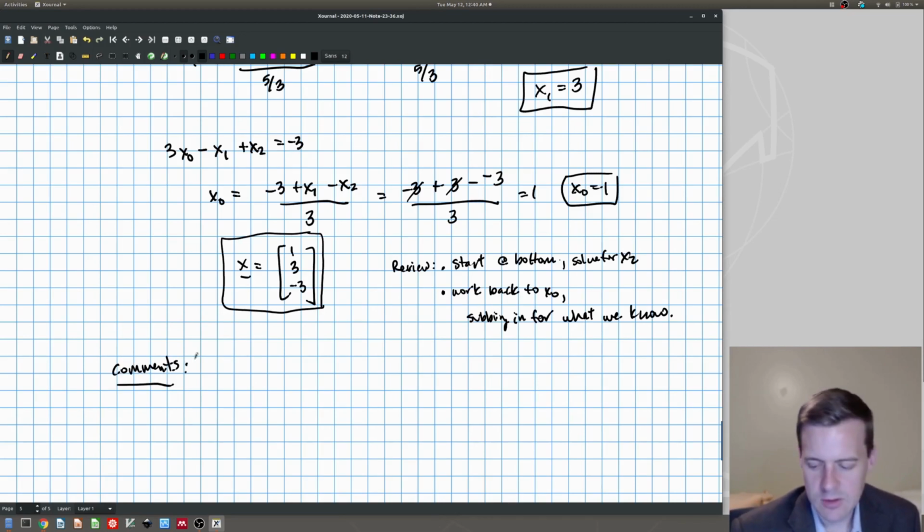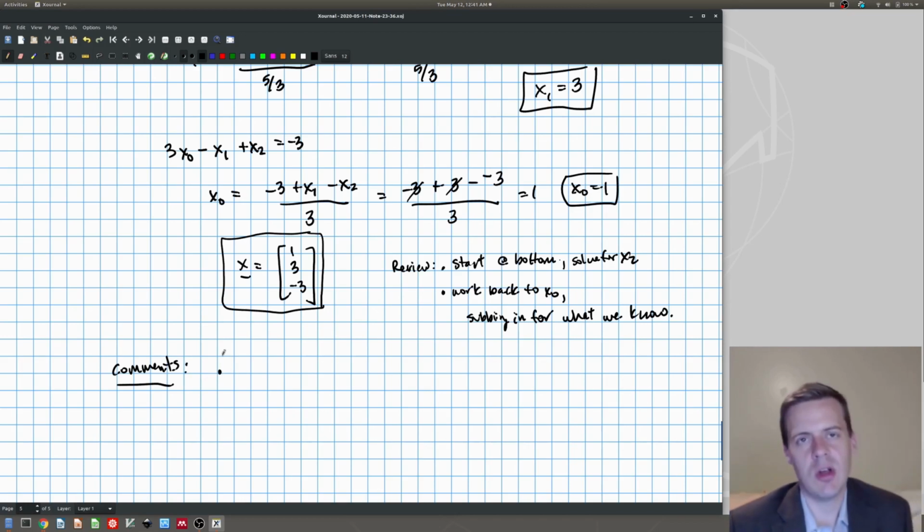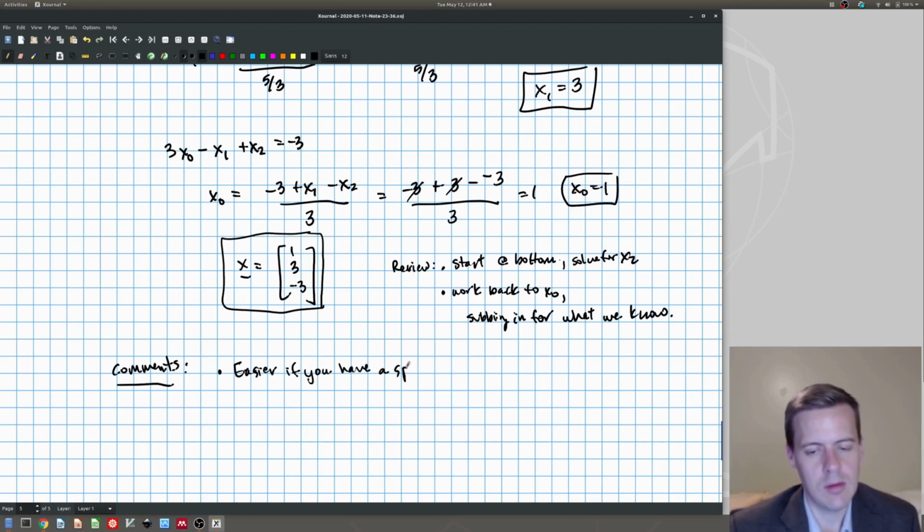So there are easier ways. For any given system, there might be a trickier, easier way, easier if you have a special case. So maybe you can look at this system that I just did and see some way to do it in fewer steps.